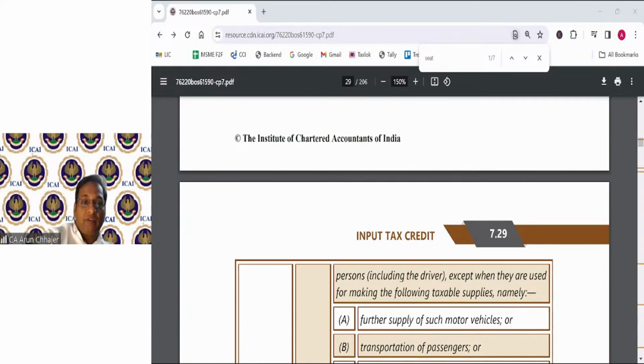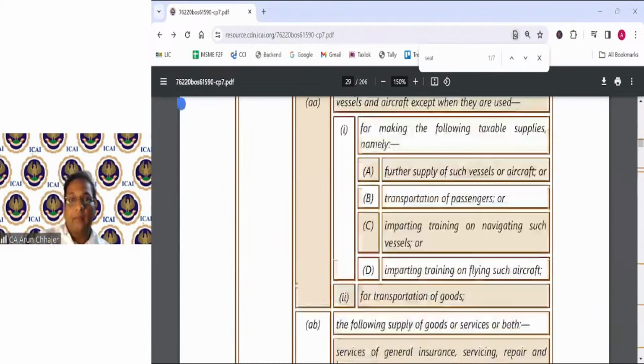My next question was, why not as point number E? Why has it been added separately? Because this item's ITC will be allowed only when it is a taxable supply.